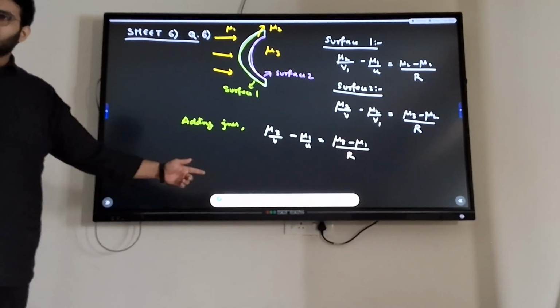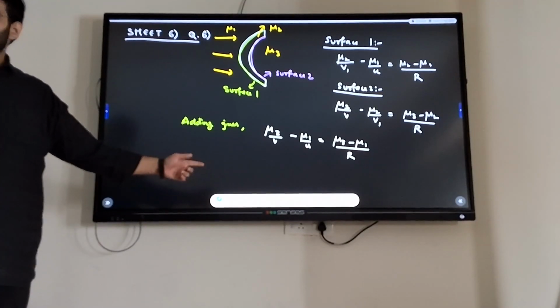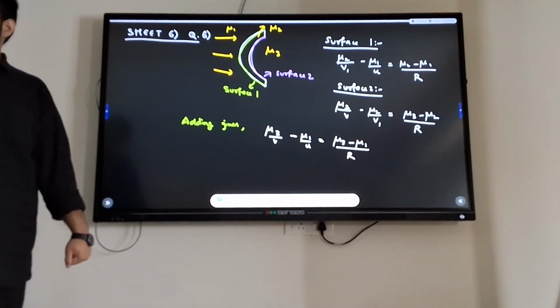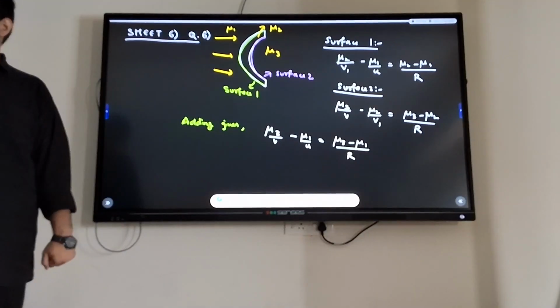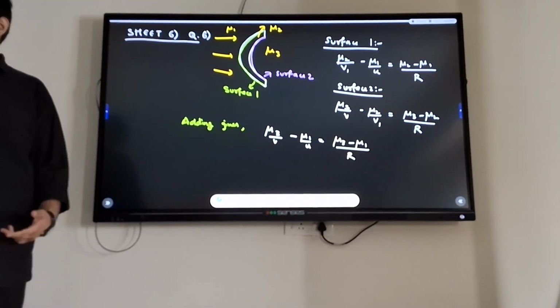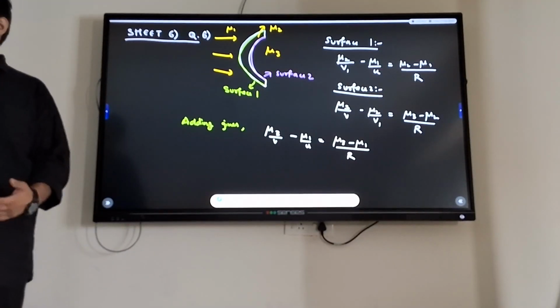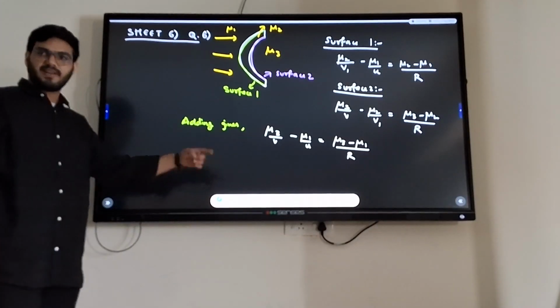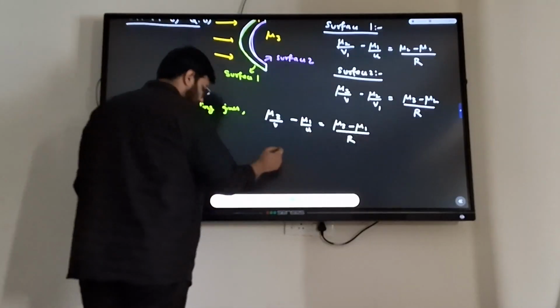From here, can you find the focal length? How to find the focal length from here? What is the condition? If U equal to infinity, then V equal to F. So you apply that condition.